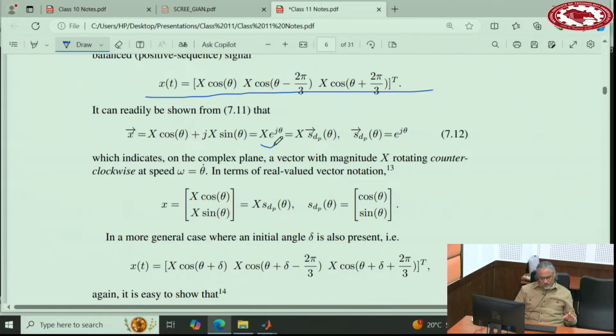It may sound a little complicated at the beginning, but as you go on, you will see how much they help with the analysis and design of 3-phase systems. So this e to the j theta, which is cosine theta plus j sine theta, I'm going to call SDP, D for direct, P for positive, of theta.